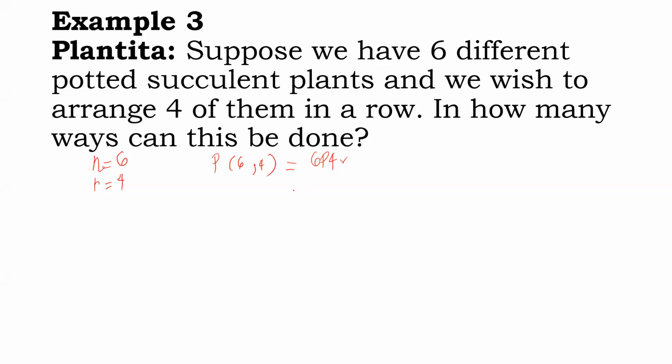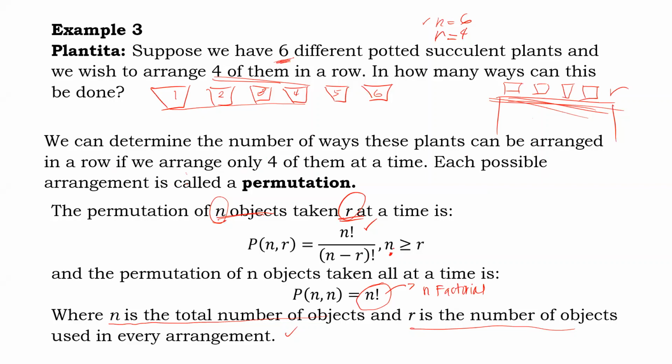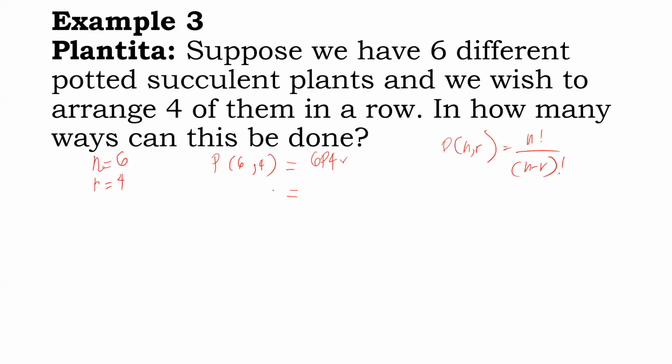So, 6 permutation 4. Our formula for permutation is equal to n factorial over n minus r factorial. Okay, let us substitute. Our n is 6, that is 6 factorial over 6 minus 4 factorial. So this is 6 factorial.